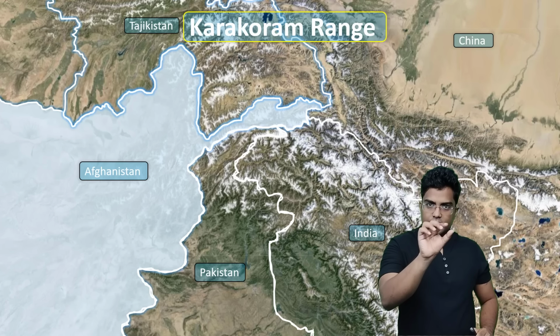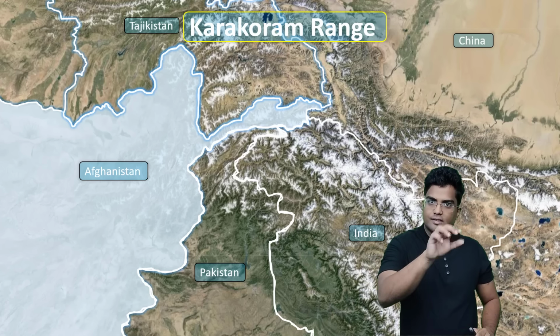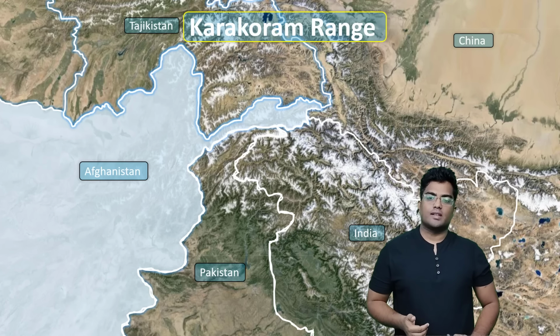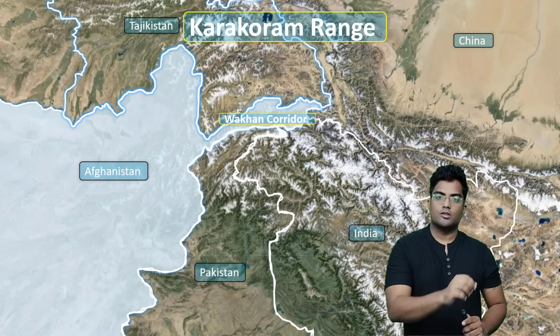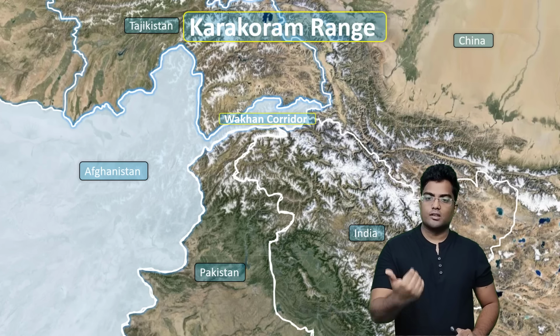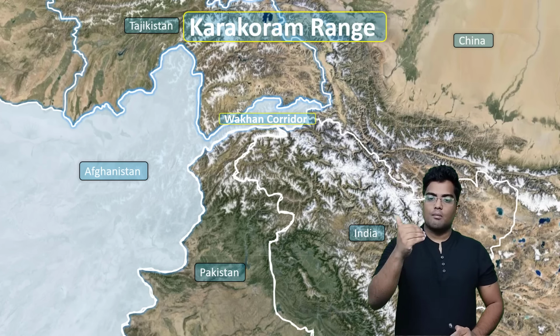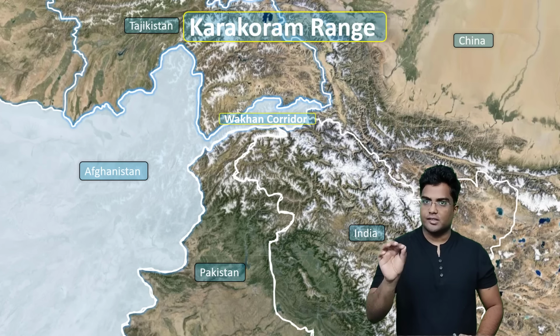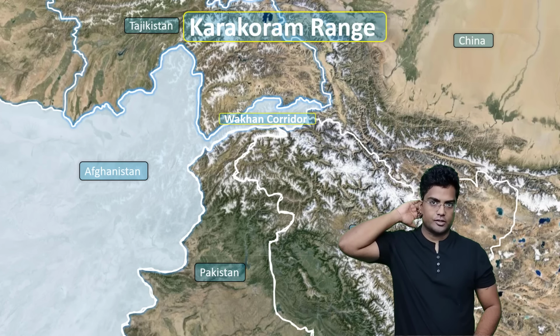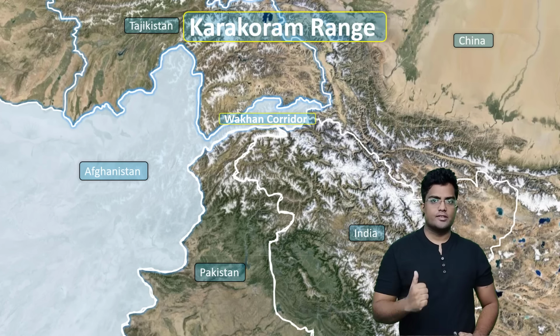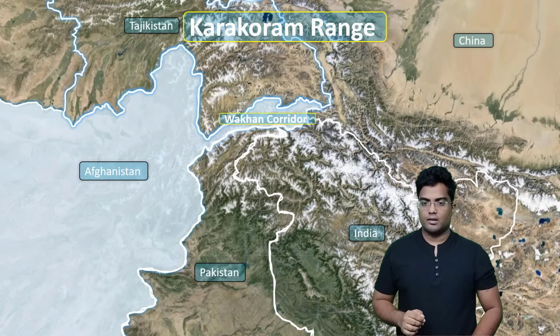A small neck-like structure. So what is this neck-like structure called? This structure is known as the Wakhan Corridor, okay, the Wakhan Corridor. It's between Pakistan and Tajikistan, essentially part of Afghanistan. A very important substructure, right? This is essential to understand, right?